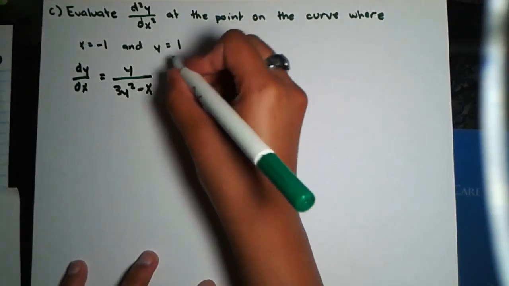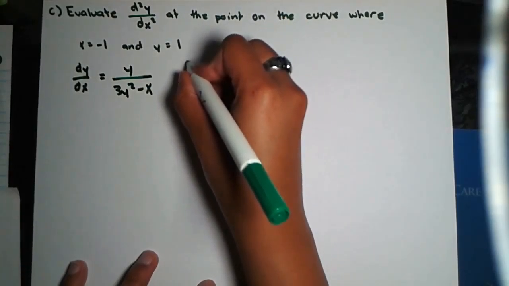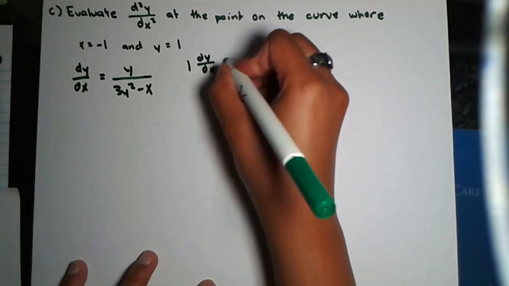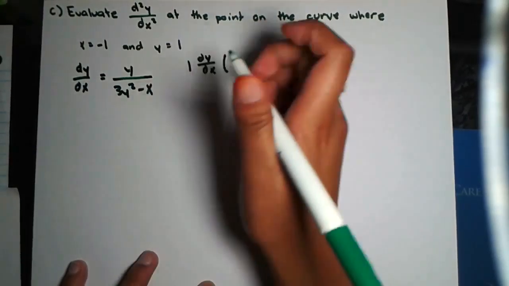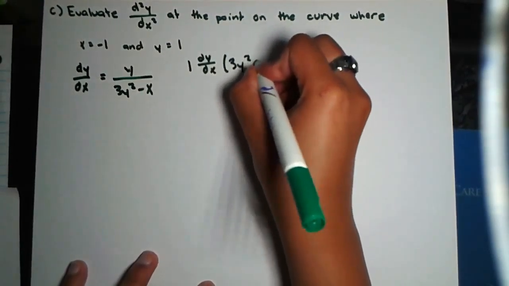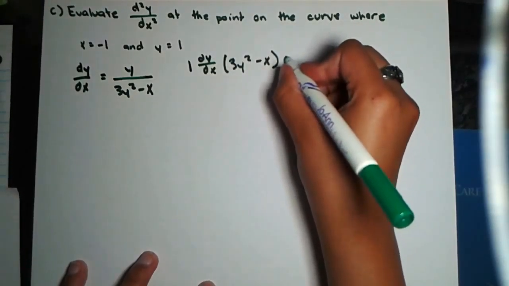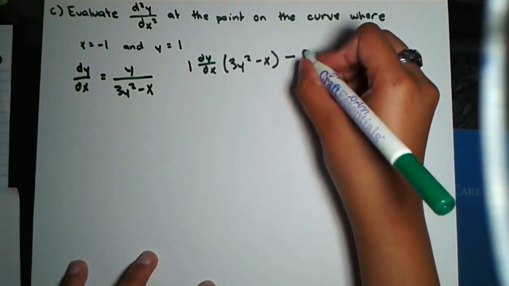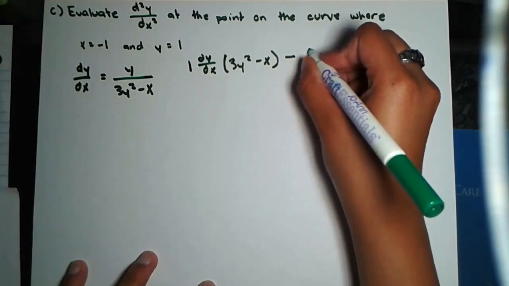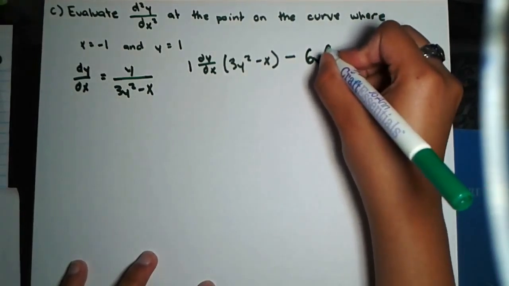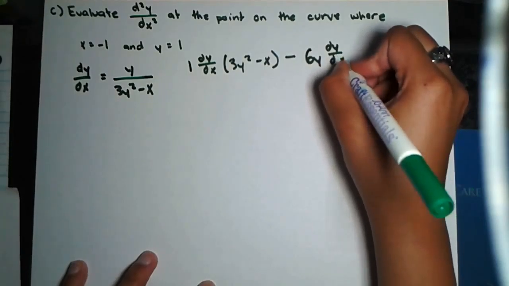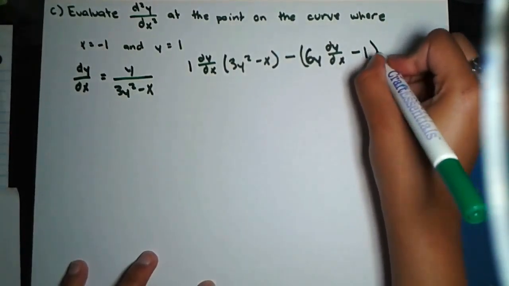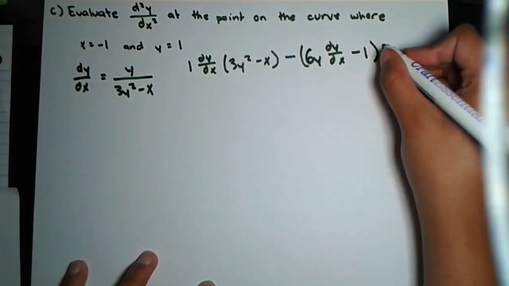So the derivative of the first, so derivative of y is 1 dy/dx, times the second, 3y squared minus x, minus the derivative of the second. So the derivative of that is 6y dy/dx minus 1, times the first.